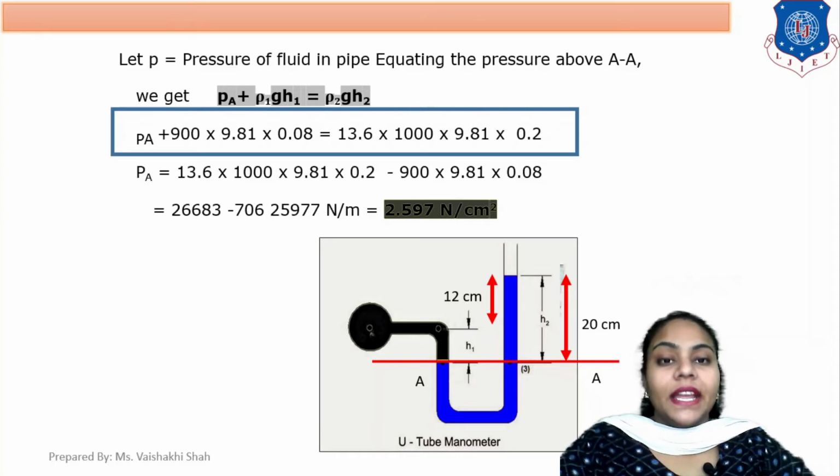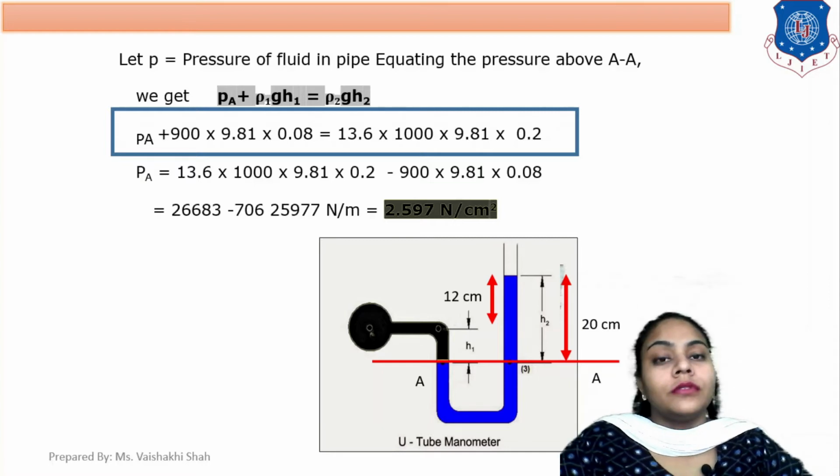So PA plus rho 1 G H1, that is 900 into 9.81 into 0.08 as per the diagram, equals rho 2 G H2, that is 13,600, which is 13.6 into 1000, into 9.81 into 0.2, that is your H2.